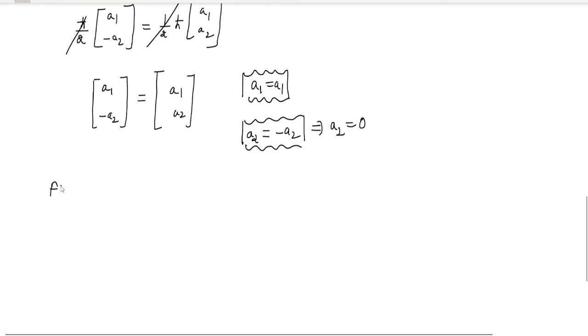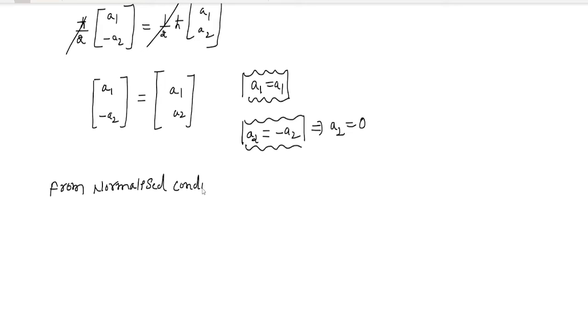From the normalization condition, psi star psi is equal to 1.